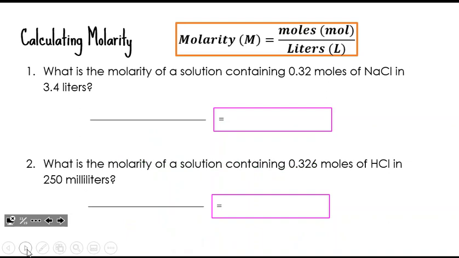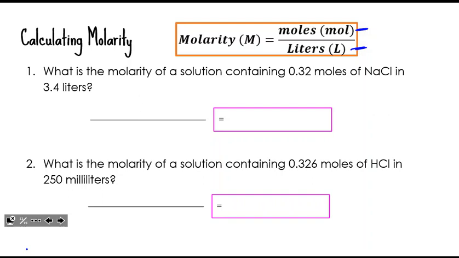All right, so calculating molarity and looking at the equation here and the 2 things in the video. It's always moles divided by liters to calculate molarity. Molarity is a specific measurement of concentration that we use in chemistry.